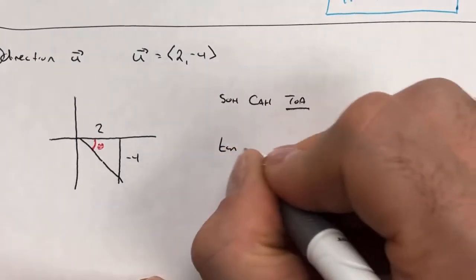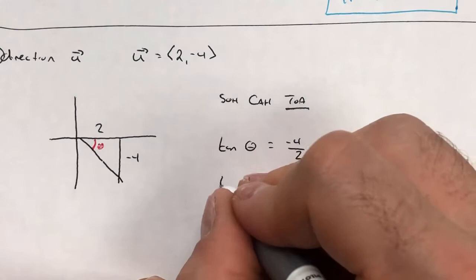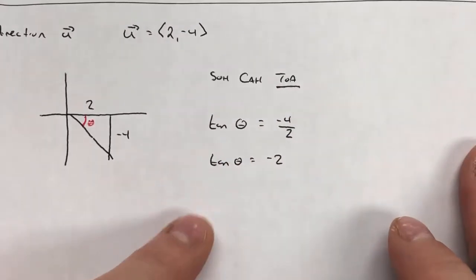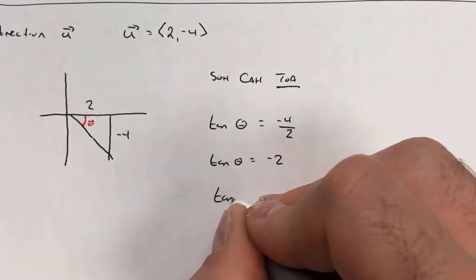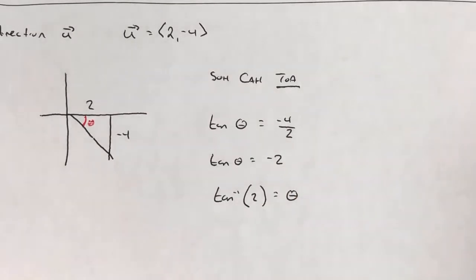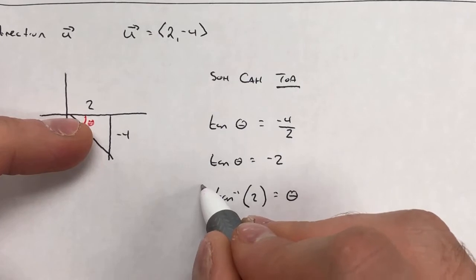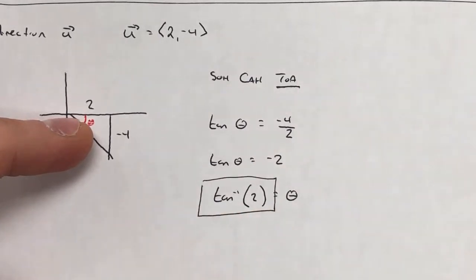So the tangent of my angle is equal to negative 4 over 2, or when is the tangent equal to negative 2? Okay. If I rewrite that to isolate the angle measure, this is the inverse tangent of negative 2 is going to give me that angle. So if I want an expression and to find the exact thing, that would be it. That is going to be my direction.